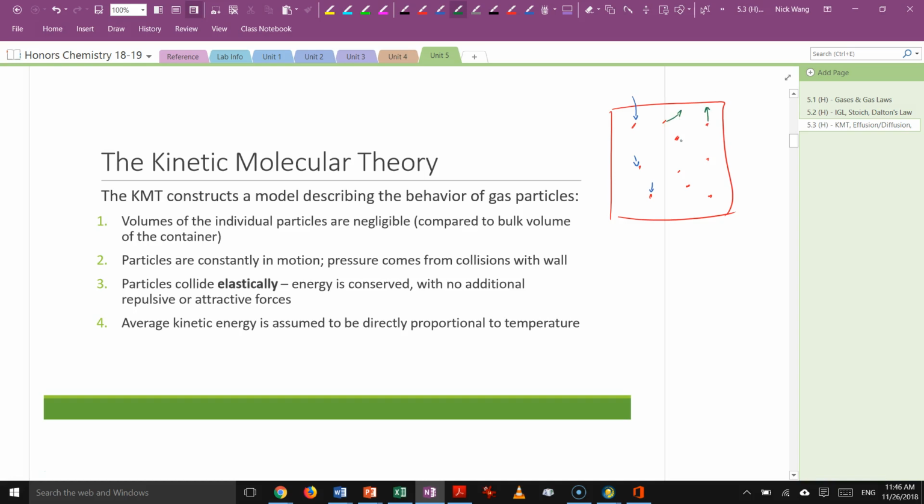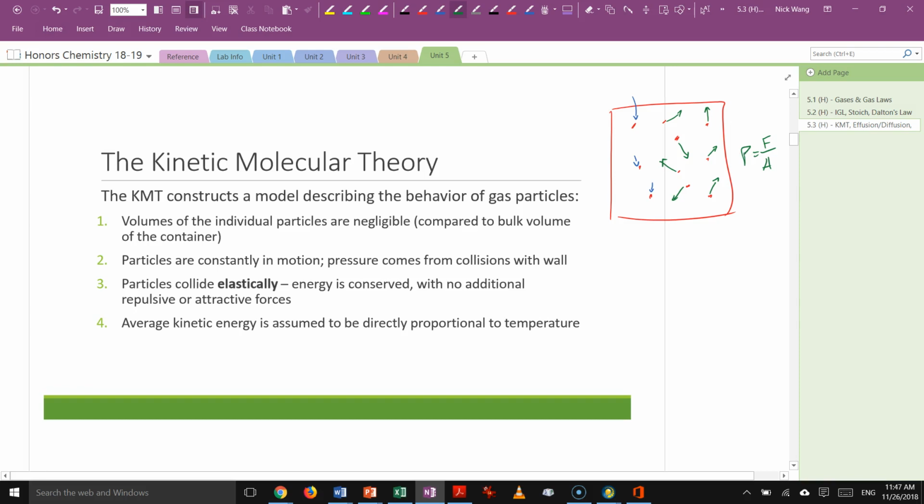They move nonstop in a straight line and don't change direction until they bump into something that causes them to change direction. And you see right here that the pressure comes from the collisions with the wall. We discussed this several times, that whenever a particle hits the wall, that's responsible for the force. And since that force is applied to the surface area of the container, the pressure is a result of that relationship.